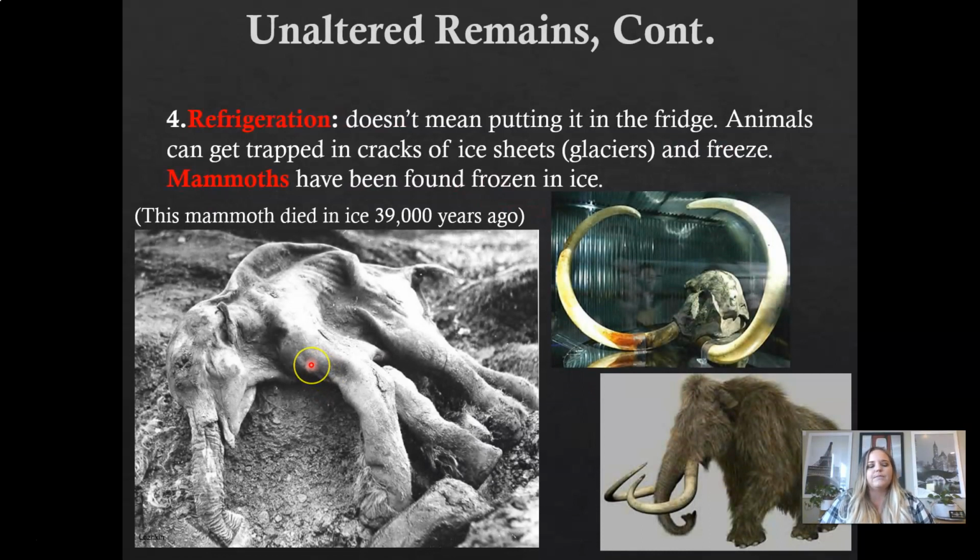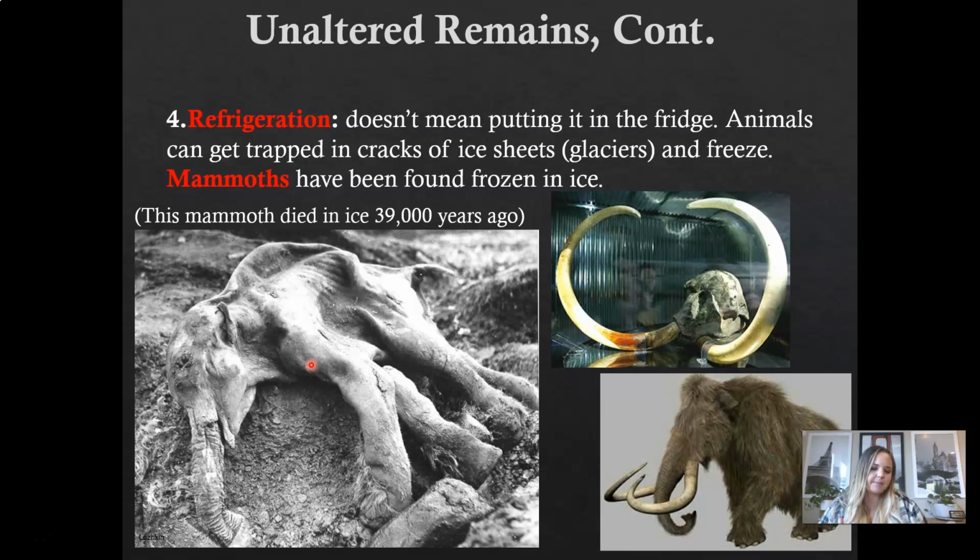So another unaltered remain would be refrigeration. So this happens when frozen ice buries either an already dead animal or an animal that may have died in like an avalanche or something like that. But animals can be trapped in basically a glacier and freeze.